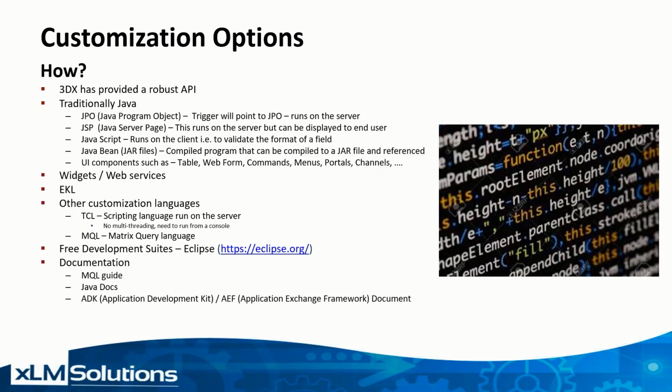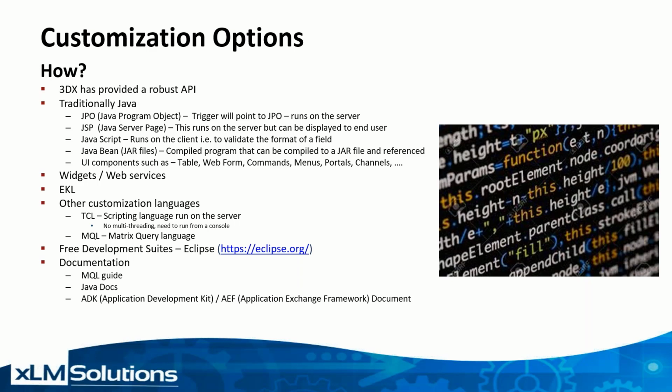So what are some of the different customization options out there? As mentioned, 3DEXPERIENCE has a robust API, and that API is mainly around Java. When we talk about programming in Java and using the Java API, I'm going to say that is the more traditional way to customize 3DEXPERIENCE.